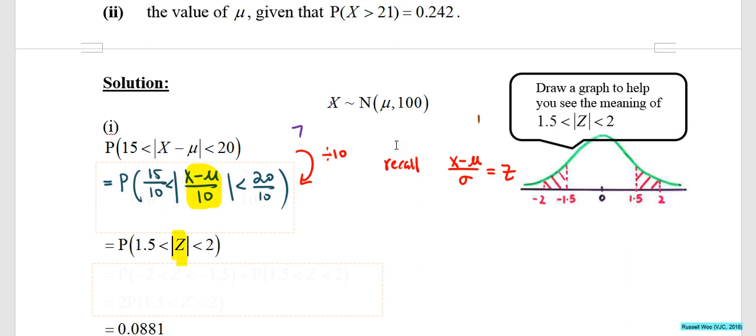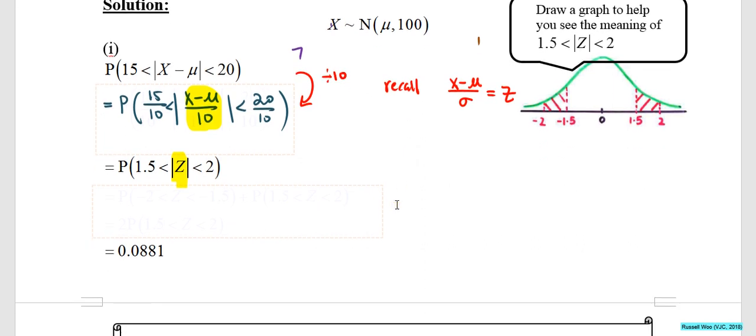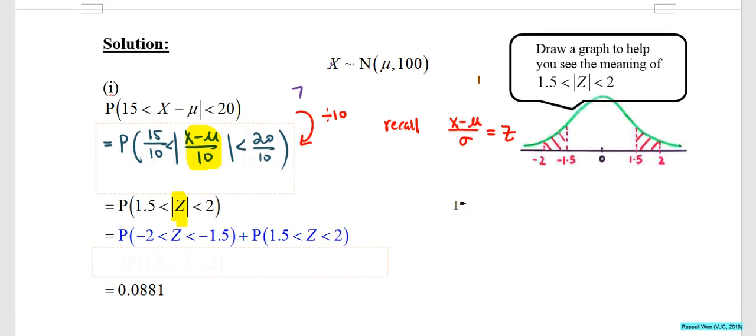That means you want z to be between 1.5 and 2, and z to be between minus 2 and minus 1.5. Which means you want 2 times this. That means you want z between minus 2 and minus 1.5, and 1.5 and 2. Does it make sense?